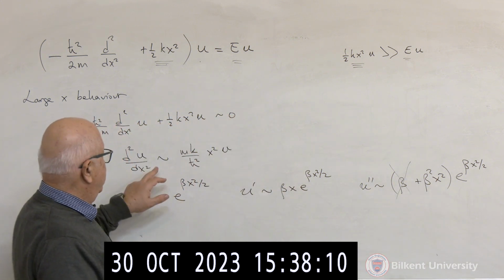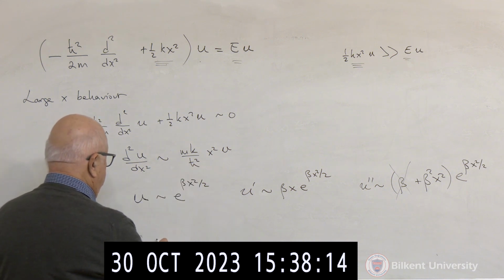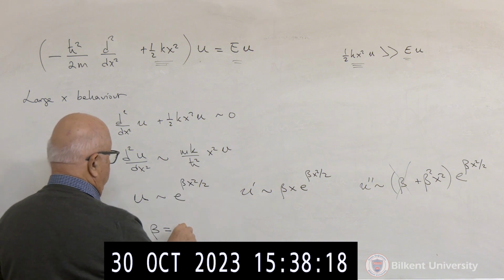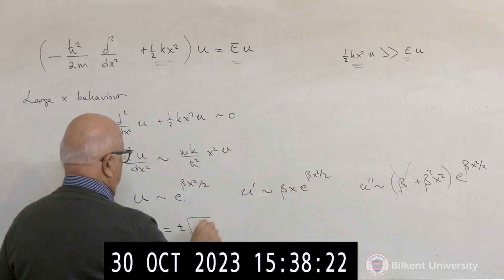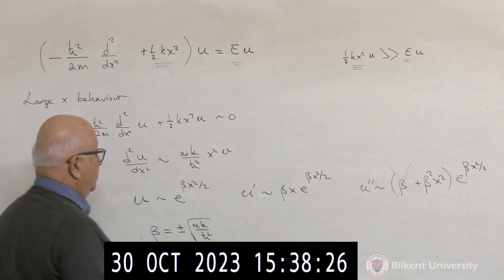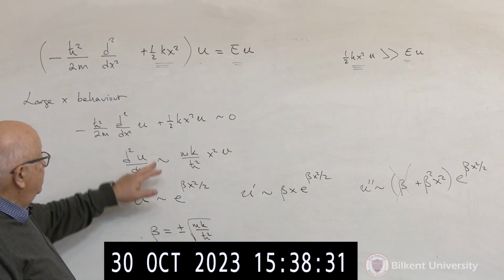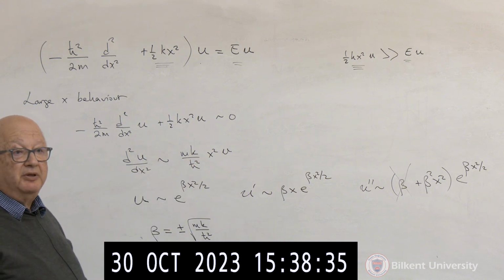So that means I can choose a beta. If beta is equal to the square root of this, it can be plus or minus the square root of m k over h bar squared. This is satisfied in the large x limit.